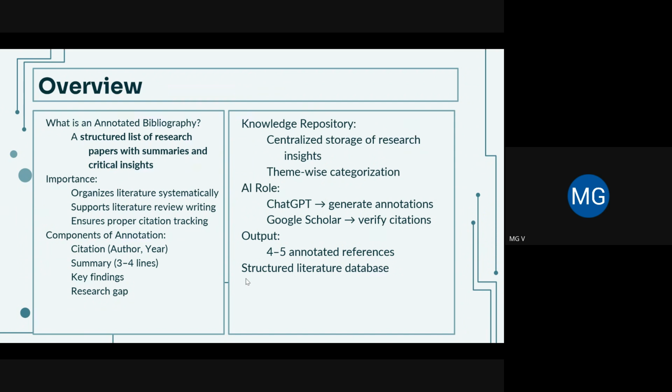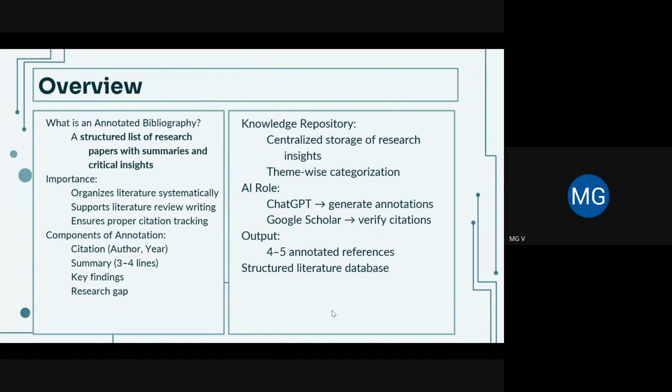So you see how each slide is linked to the previous one. Now, first we have taken notes. Now we have to convert them into written annotations. However, all citations must be verified using Google Scholar to ensure accuracy and credibility. In addition, building a knowledge repository allows researchers to categorize studies based on themes such as personalization, trust, and privacy in consumer behavior.